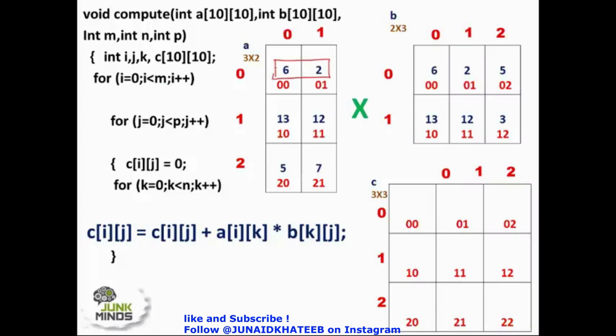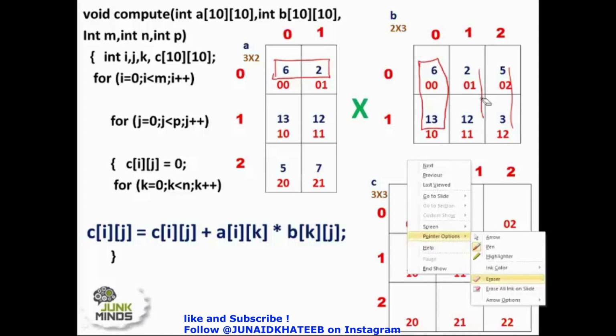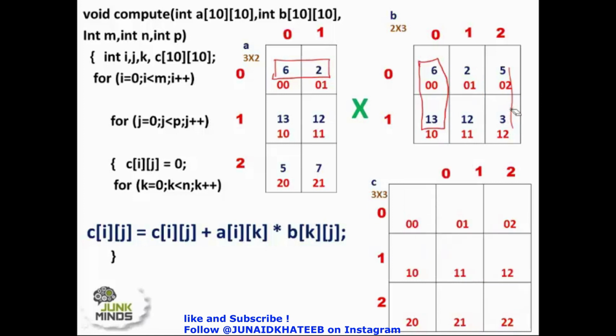Now suppose this first for loop has given me this particular row. For me to be able to multiply this row, I want someone to give me the columns of the second matrix. First it will give this column, then this column, then this column. So I'll use my second for loop to generate the columns of the second matrix. The first for loop will give me the rows of the first matrix, and the second for loop will give me the columns of the second matrix. So that is why I need two for loops.